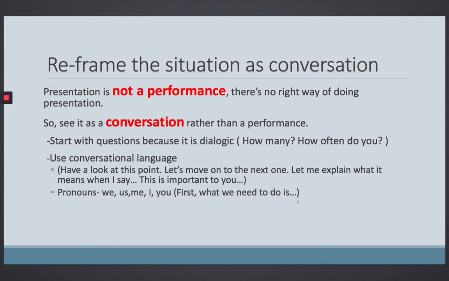If you keep on using the person in charge is, using all those, it makes it very formal. You can replace it with the way I see this, or the way that you should, use you, I, me, us. Have a look at this. Let's move on. Let me explain. Use a lot of conversational language throughout the presentation to make it less formal.